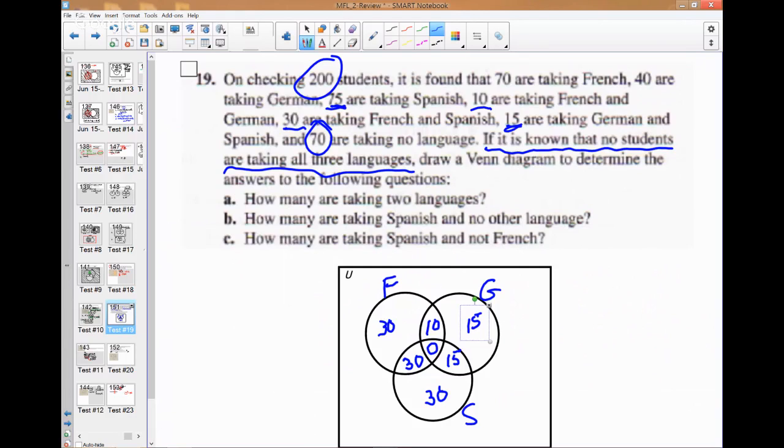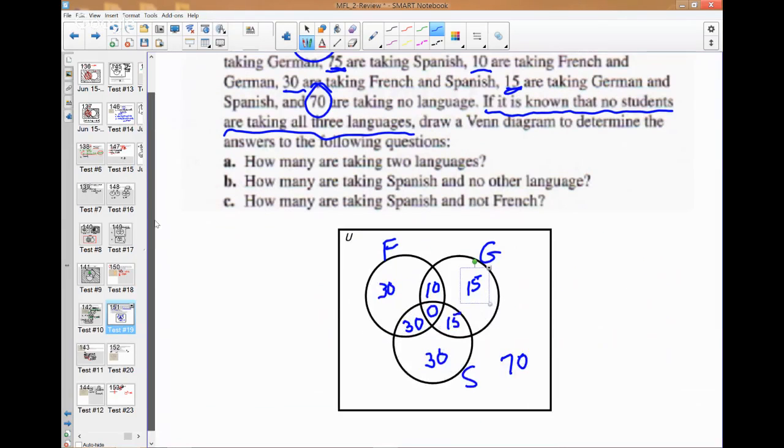They said 70 are taking no language. Does that add up? I got to check. Does that add up to 200? 40, 55, 85, 100, 130, 200. Good, that checks. So now we can answer the questions.